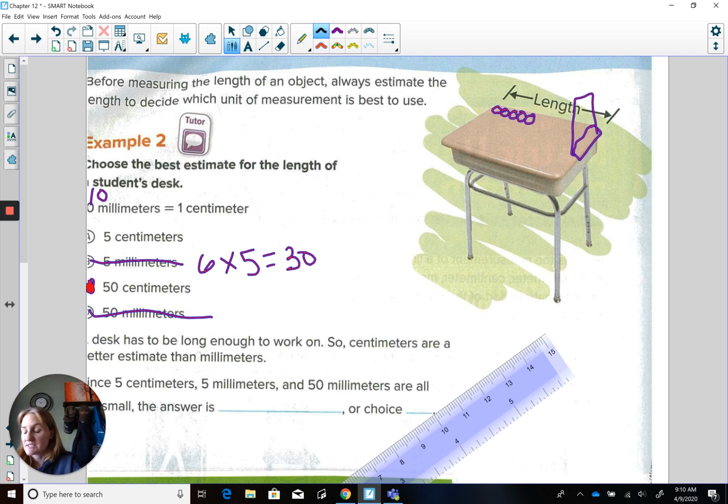It's kind of hard to see because some of it's cut off. It says a desk has to be long enough to work, and the best unit is not millimeters. Since 5 centimeters, 5 millimeters, and 50 millimeters are too small, and 50 meters is too big, centimeters is our best fit.